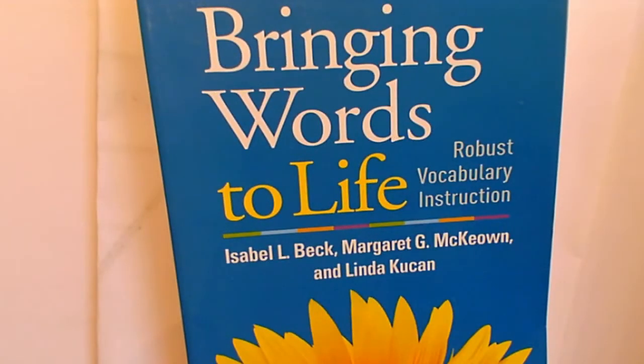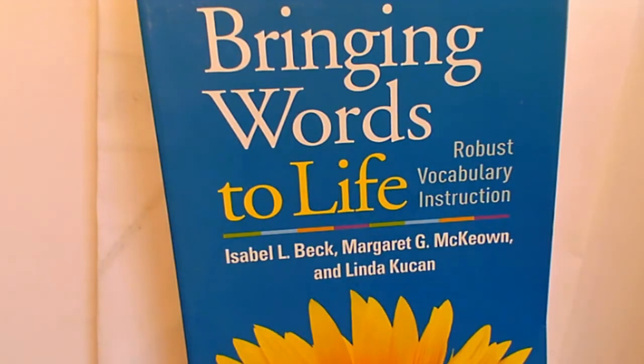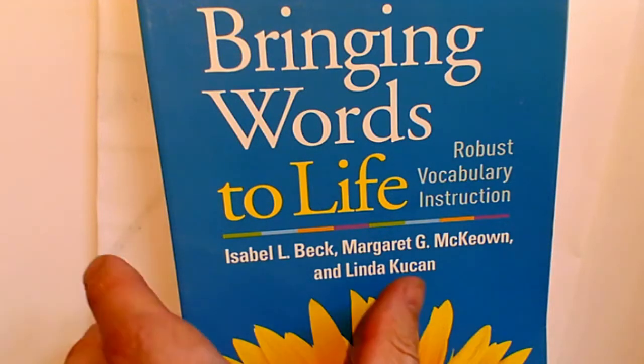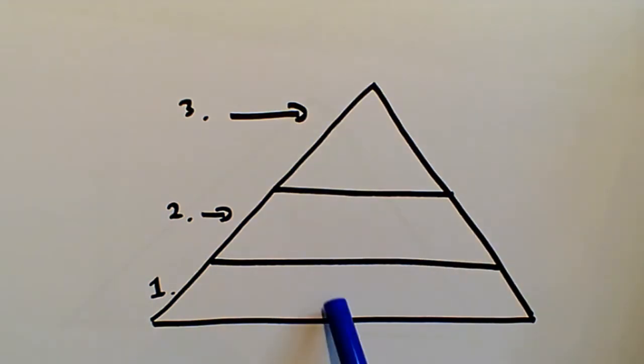A good place to start is with the work of these researchers here, Beck, McKeown and Kucan, who are professors working at the University of Pittsburgh, and they have collectively put a lot of research into vocabulary and vocabulary instruction. At the heart of their approach is this concept of words being in tiers, different tiers of words, which you can see I've drawn out for you here.